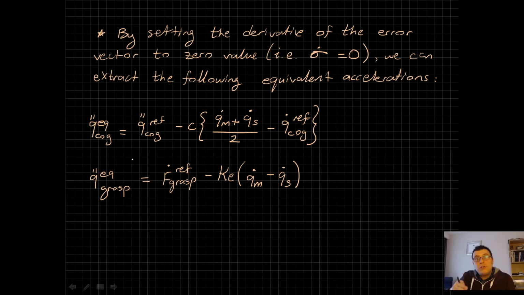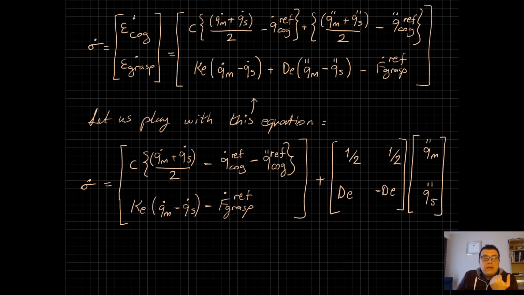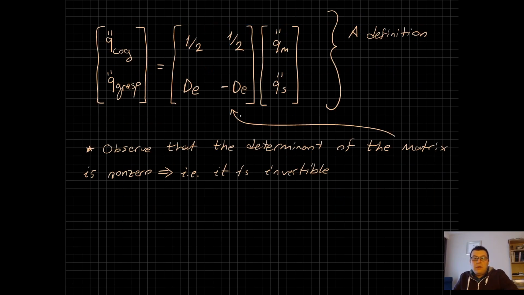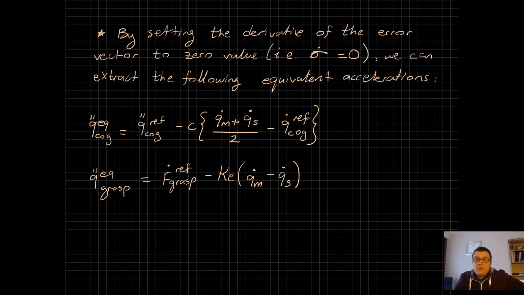It will not converge to zero value, because what we have done was simply taking a derivative and equating it to zero. That's how we obtained these two. Remember, sigma dot is equal to zero, right? The derivative of something being equal to zero means zero rate of change. So the error remains constant.